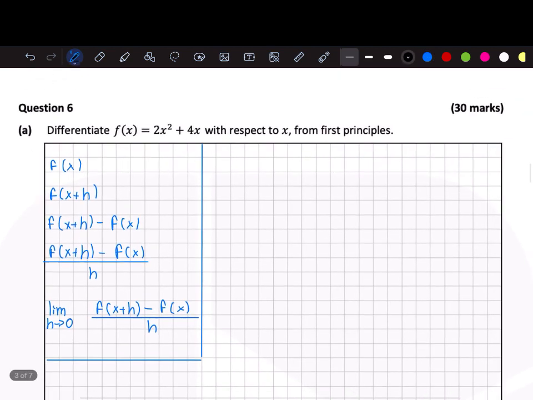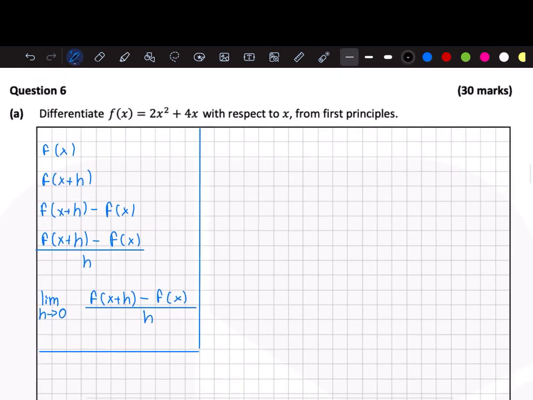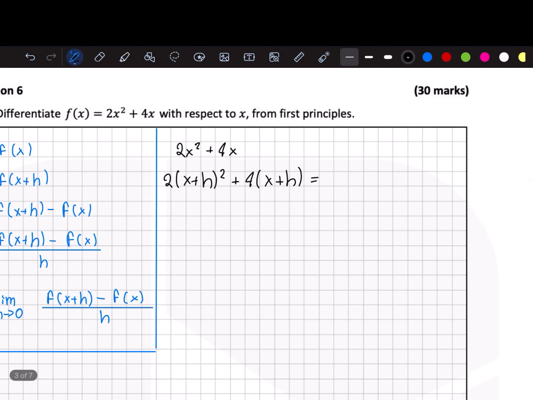So the very first step is we take f of x. So f of x is equal to 2x squared plus 4x, as it says in the question. Now wherever we see an x, we just put in x plus h. So it's 2 times x plus h squared plus 4 times x plus h. And if we go ahead and multiply that out, x plus h squared is equal to x squared plus 2hx plus h squared, and then we need to multiply that by 2.